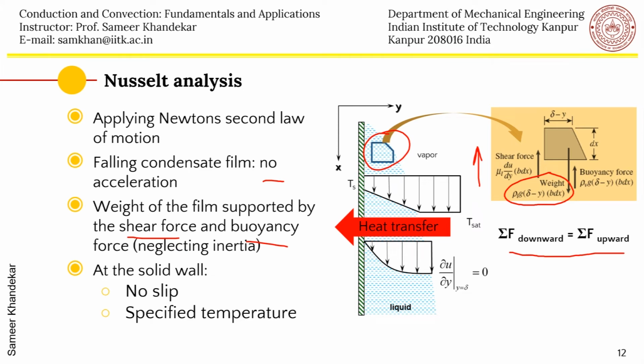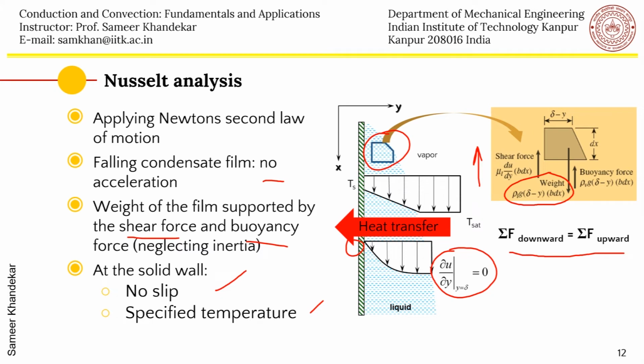If you equate the forces in the downward and upward direction, because now you can apply Newton's second law, you will see that the weight is equal to the viscous shear force plus the buoyancy force.